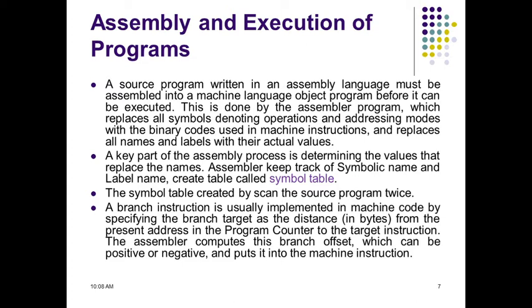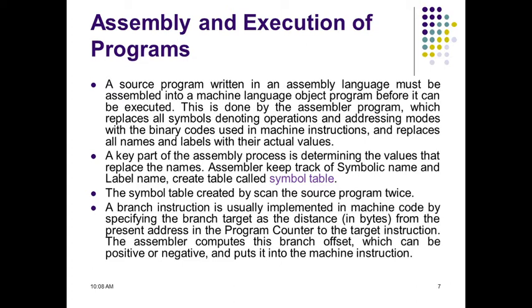This will happen if a forward branch is required. Here, the assembler will not be able to determine the branch target because the name referred to has not been recorded in the symbol table.